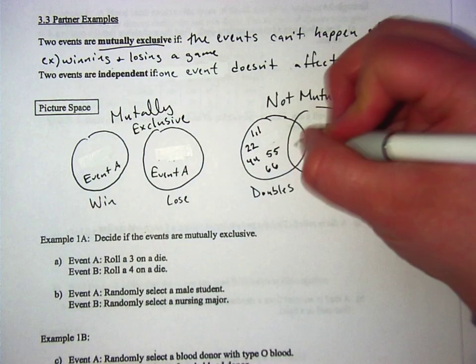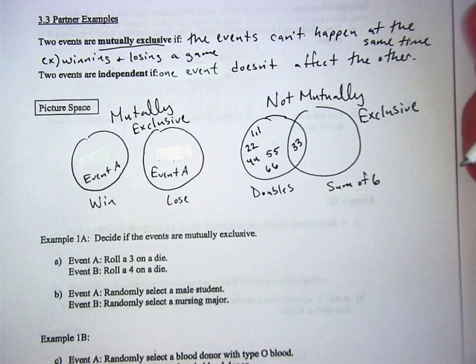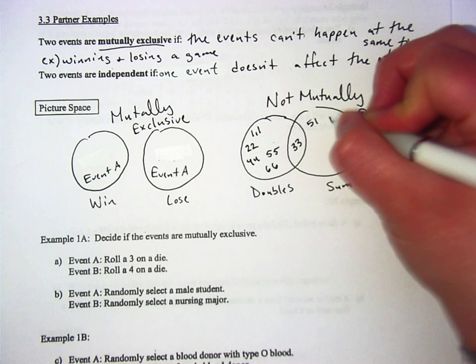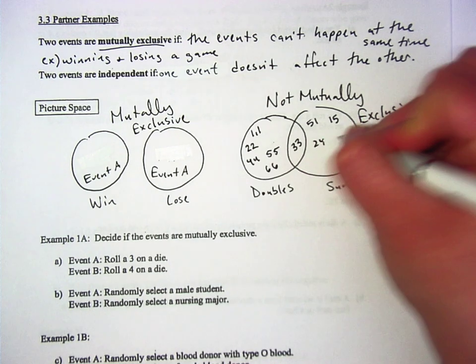Yes. That's because they're not mutually exclusive, because 3, 3 technically would give you a sum of 6 or doubles, right? Okay, what else? 5 and 1, 1 and 5, which are two different things we learned from the Lion game. Anything else? 2, 4, 4, 2.